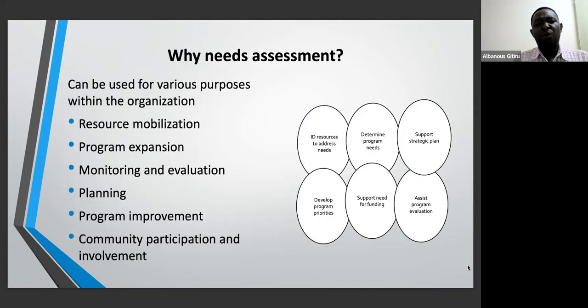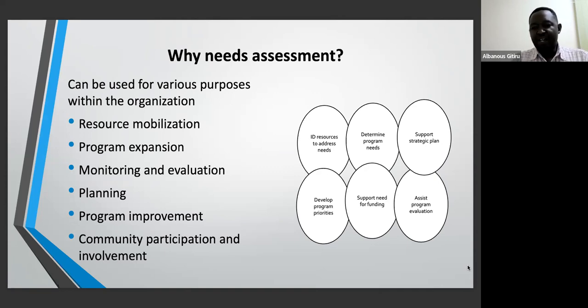Then why within the organization would we want to do needs assessment? Within the organization, the needs assessment can be undertaken for various purposes. We've seen that for you to request resources and do good resource mobilization, you will need a better understanding of your organization and where it is going.